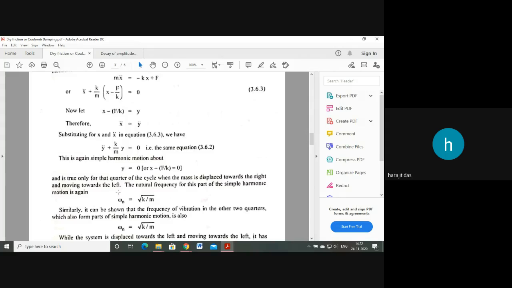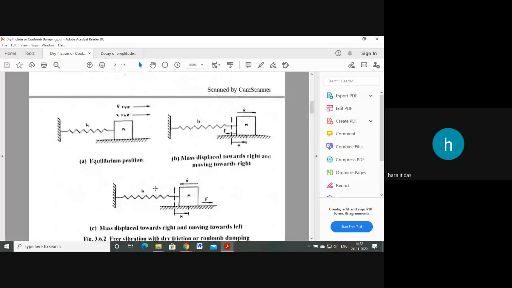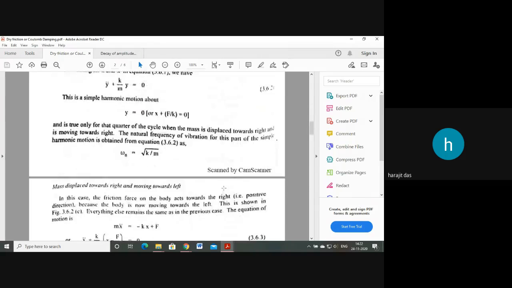Similarly, there will be two other quarter cycles: when the body is displaced towards left and moving towards left, the third quarter cycle, and when the body is displaced towards left and moving towards right, the fourth quarter cycle. In each cycle, the natural frequency of the system will be root k by m.